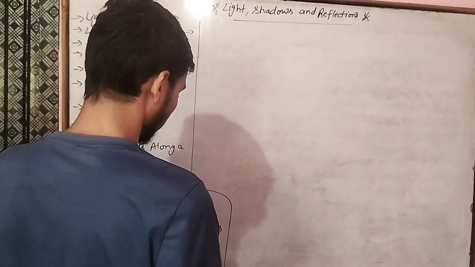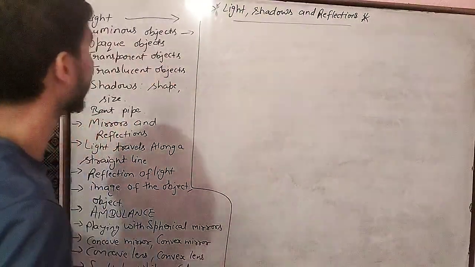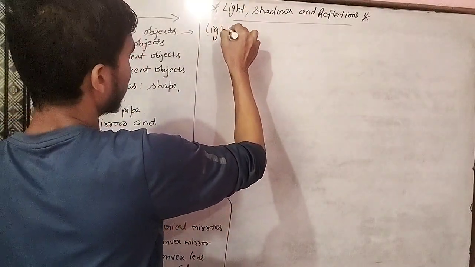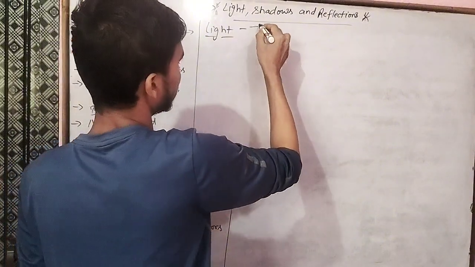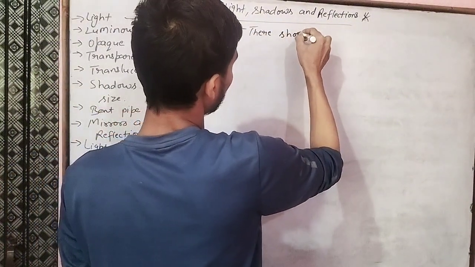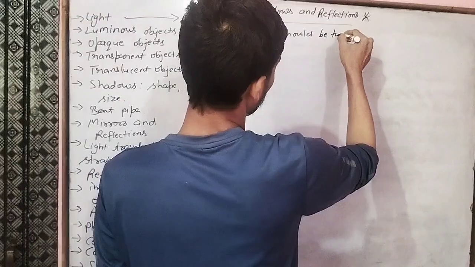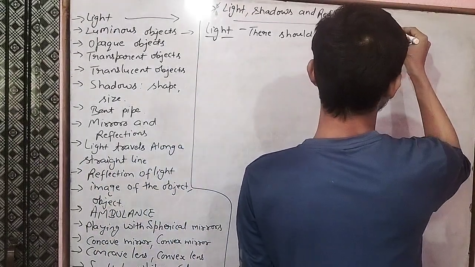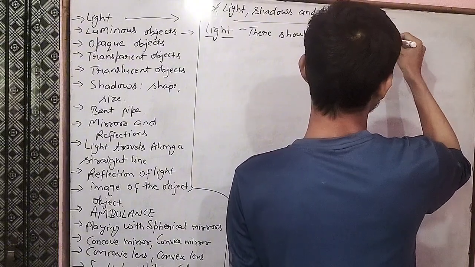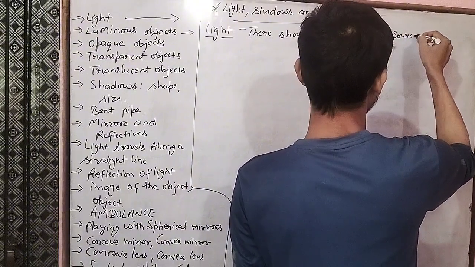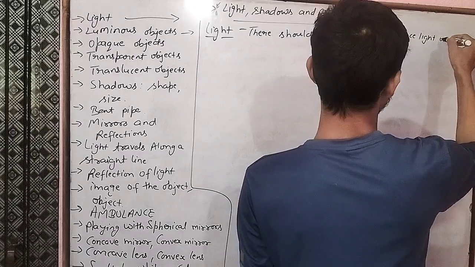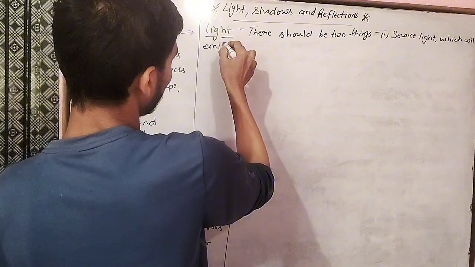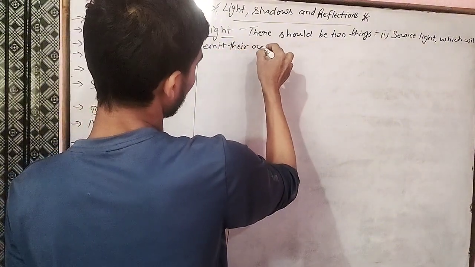First of all, we have discussed light. There should be two things. First, a source light, which will emit light.